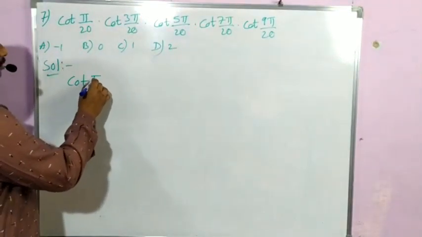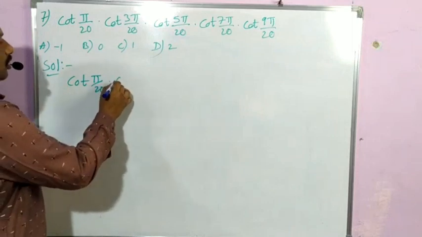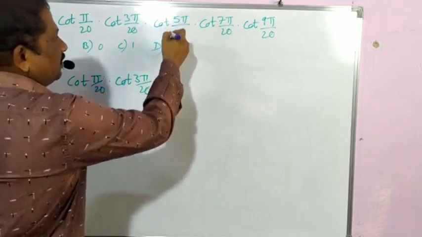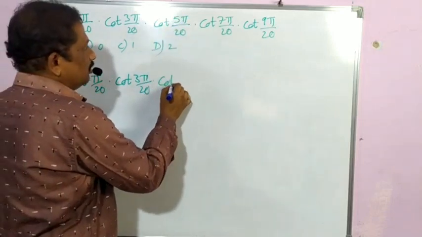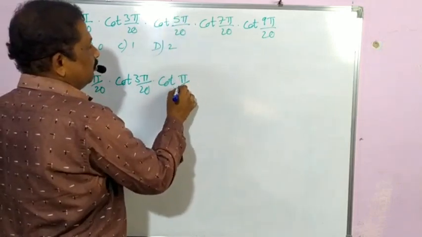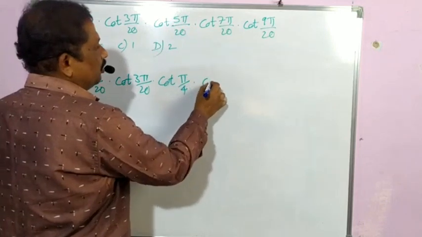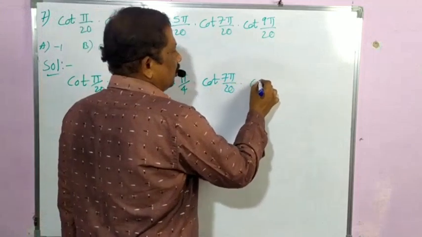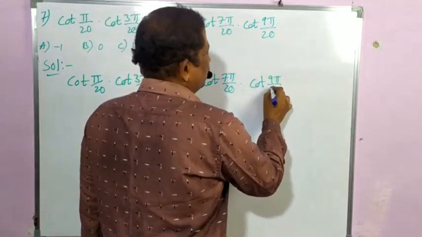Simplify. First, what is given right now: cot pi by 20 into cot 3 pi by 20. This I am going to cancel it. I am going to write cot 5 pi by 20, which is pi by 4, into cot 7 pi by 20 into cot 9 pi by 20.